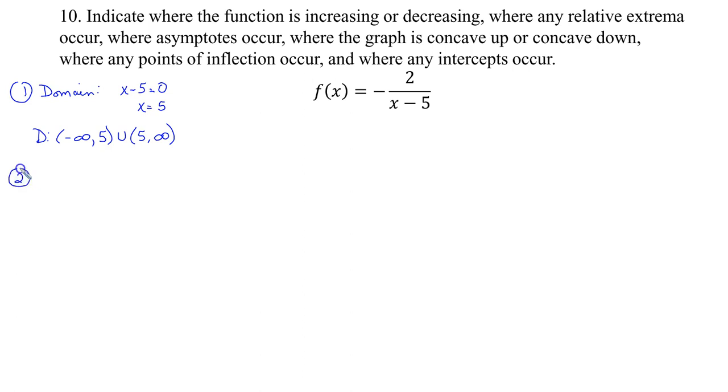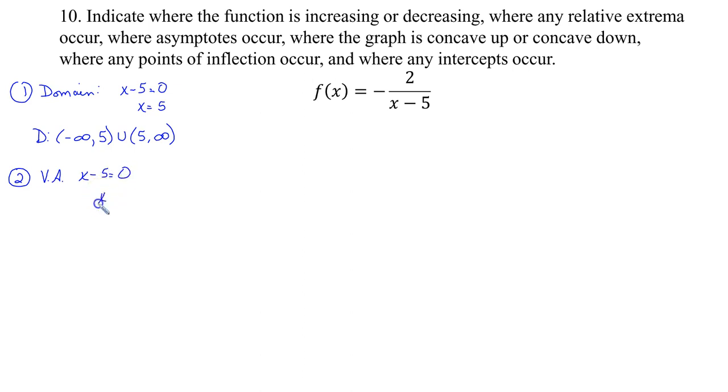For our vertical and horizontal asymptotes, let's talk about the vertical asymptote first. Remember, for the vertical asymptote, we simplify the rational function. That was the first ones that we did. We take the denominator and set it equal to 0. We've kind of already done that, so we're a little bit repetitive here.